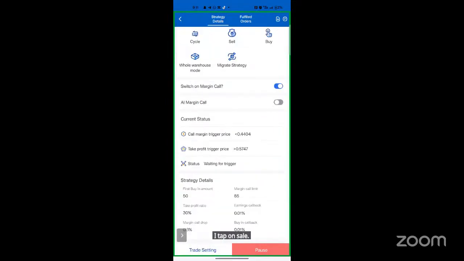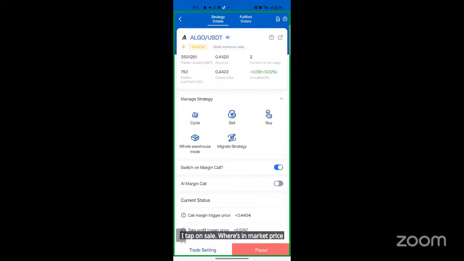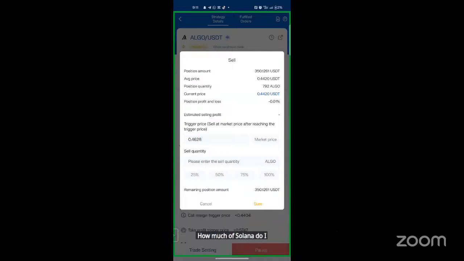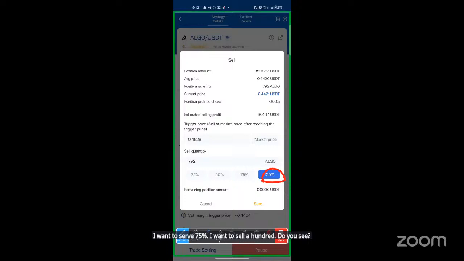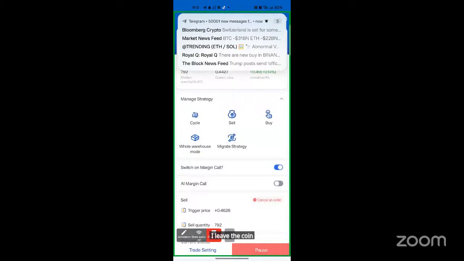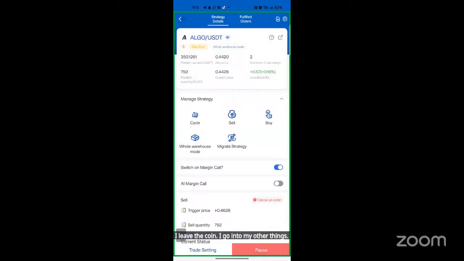Where it says market price, I write in my selling point, 0.4628. How much of Solana do I want to sell? 50%, 75%, I want to sell 100. You see, it will give me $16. Then I tap sure. I leave the coin, I go do my other things. Once it is there, let it give me my 16.